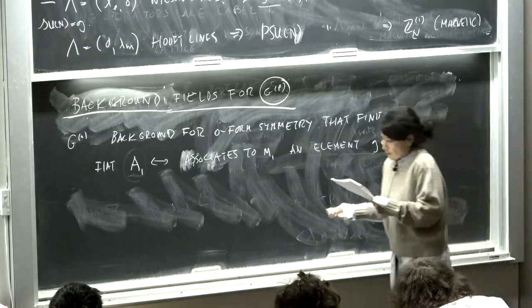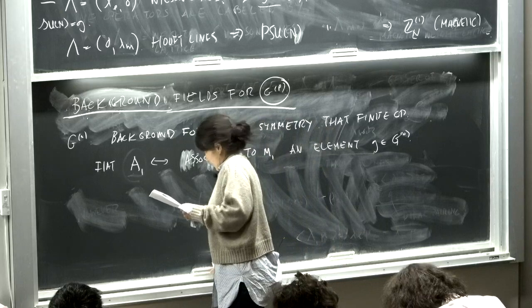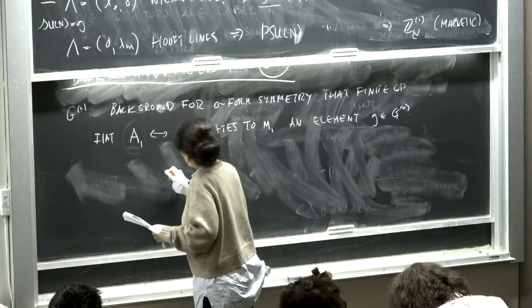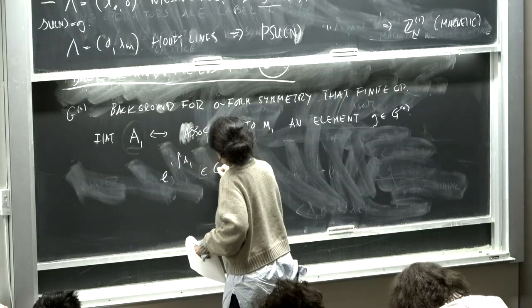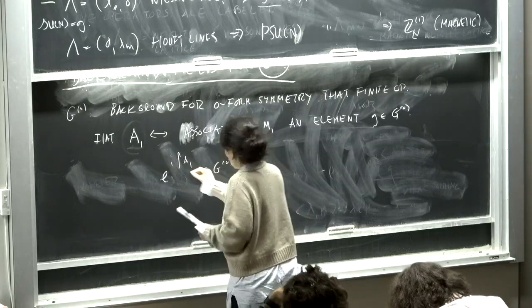We can also write this in terms of a holonomy, so e to the i integral of A1 will be some element in G0 over this M1 cycle.